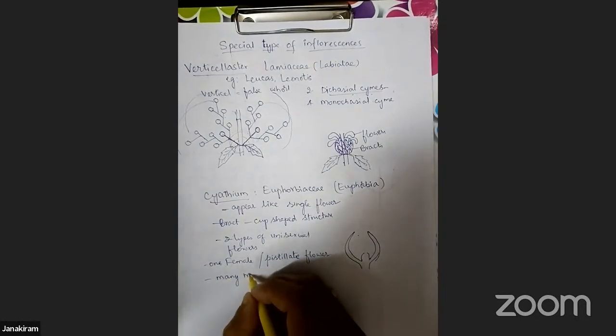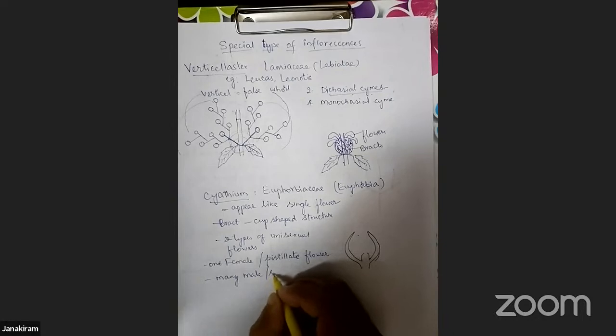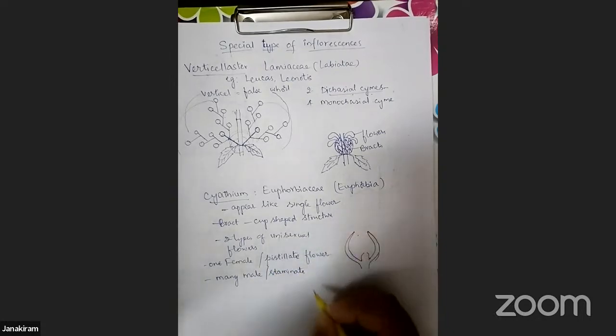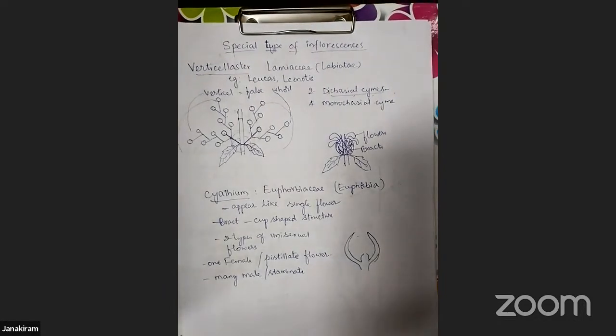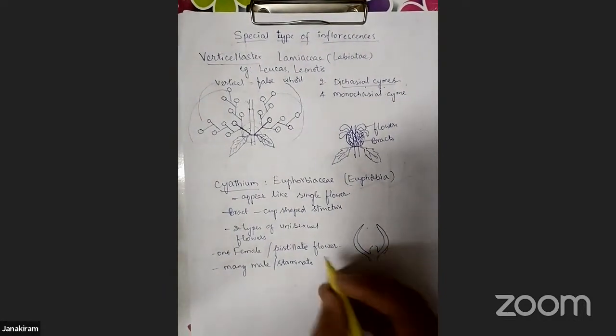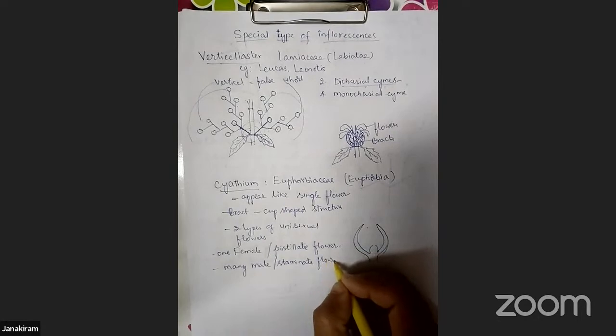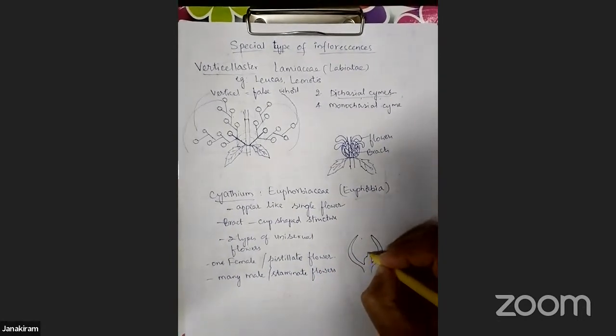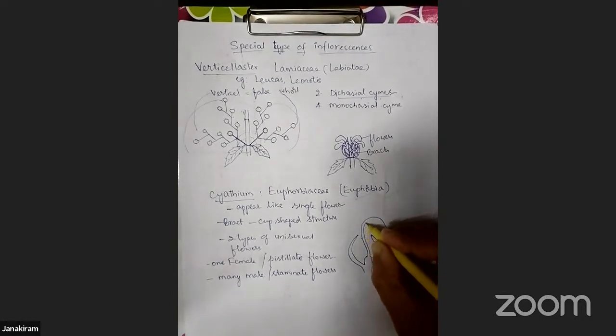Many male flowers are present. Male flowers are called staminate flowers. Why we call them staminate flowers is because the flowers have only stamens without gynoecium. Many male flowers are present, and the female flower is present in the center, represented by a tricarpellary syncarpous gynoecium.